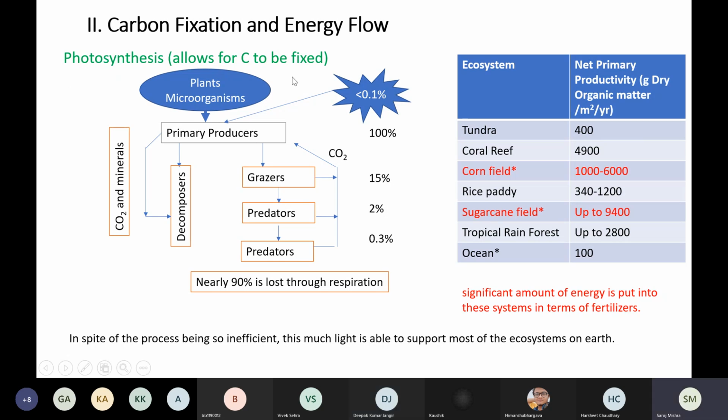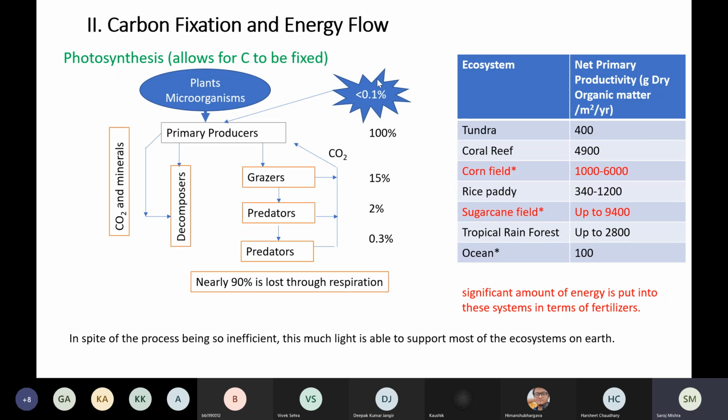And let me come to the second part, what I call the energy flow here. Out of the total solar energy which is incident on the Earth's surface, less than 0.1% is assimilated by the life forms. Of course, you have solar panels today, but they are very dilute forms of energy. The biological systems can trap less than 0.1% of the solar energy which falls on the Earth's surface.